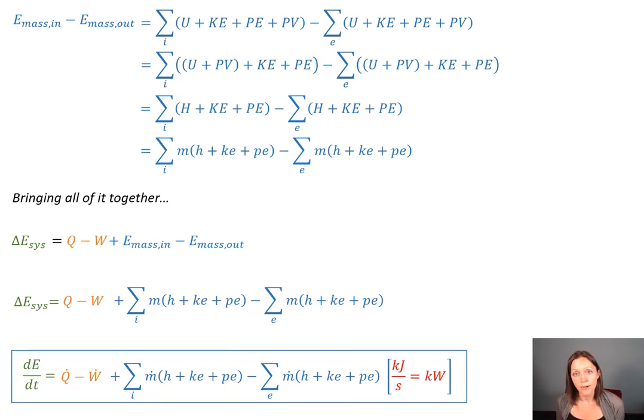And this right here is the equation that you're going to use most often when you're talking about open systems. Just kind of depends on what units you want it in, right? And just one last note, if you have a steady state process, which is most of the devices that we're going to analyze in this class, that dE/dt is just going to be 0. And so that'll simplify your life a little bit more.